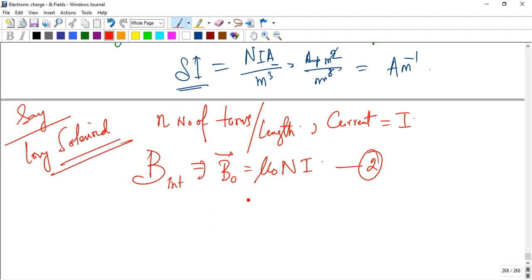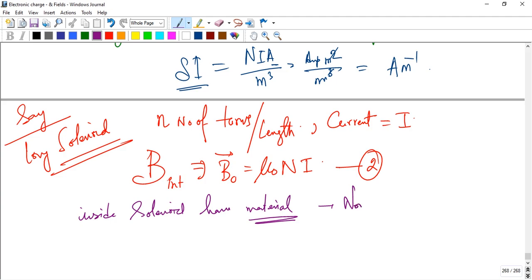If the solenoid has a material inside it with non-zero magnetization, then the field inside the solenoid is greater than B naught.